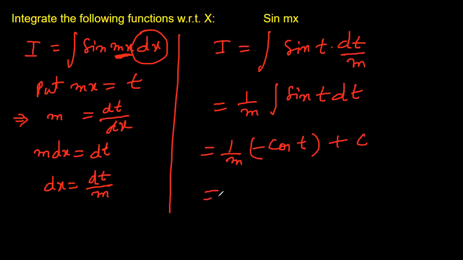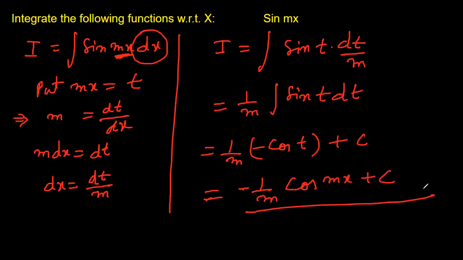So the negative sign can be written in front: negative 1 by m, cos of t, which is mx, plus c. That is your answer. So this is the first warm-up question. We have a couple more.